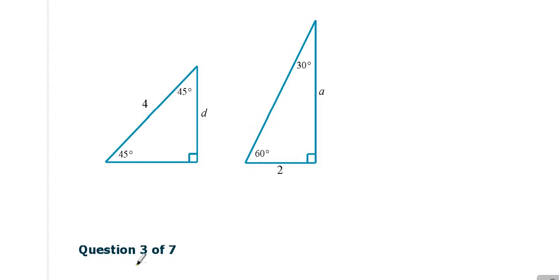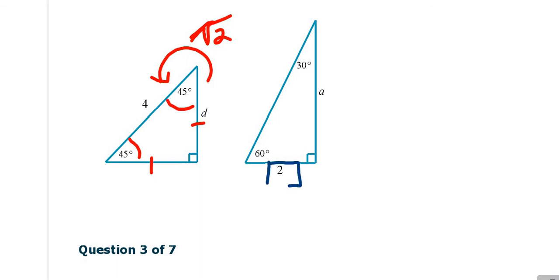Taking a look at these examples. 45, 45, 90: leg, root 2. This one, 30, 60, 90: short leg, root 3, short leg times 2.